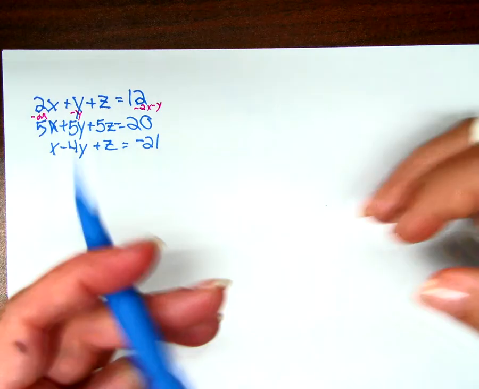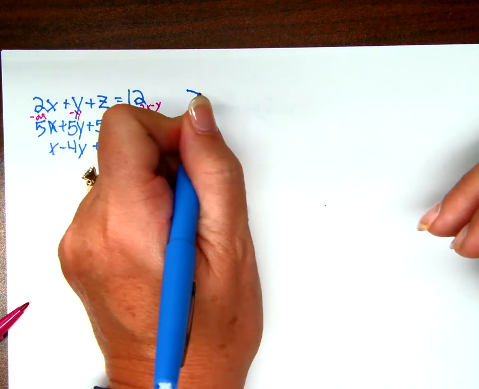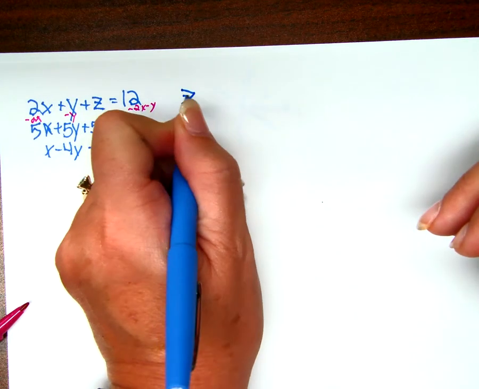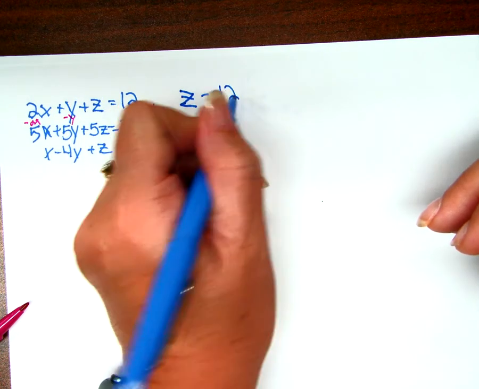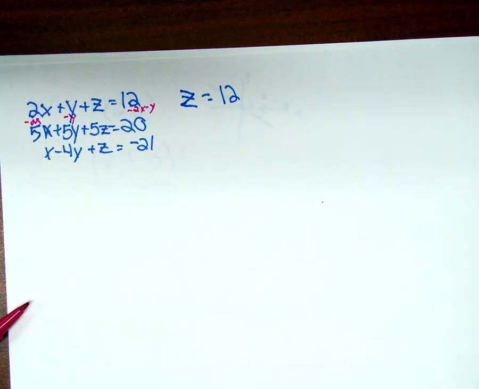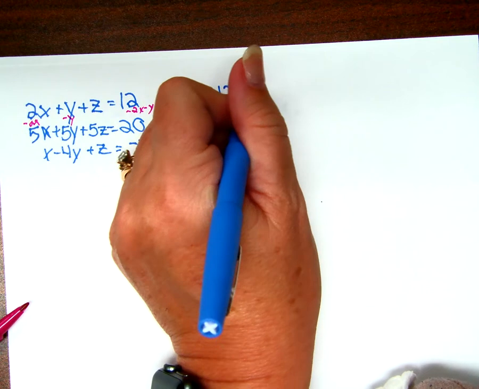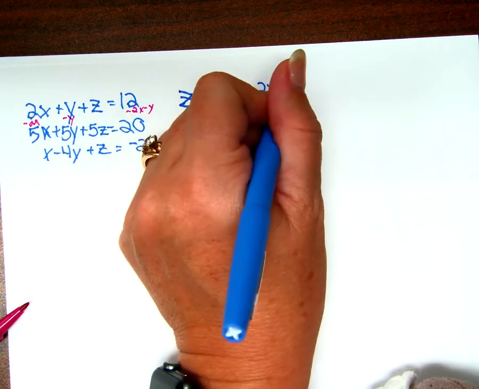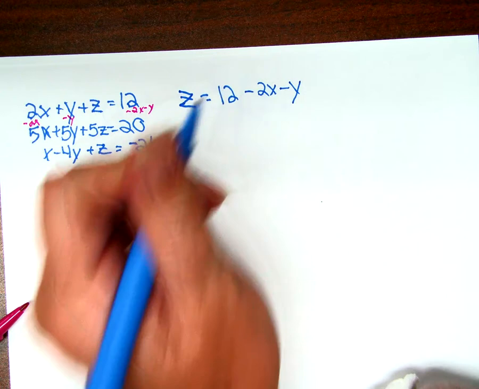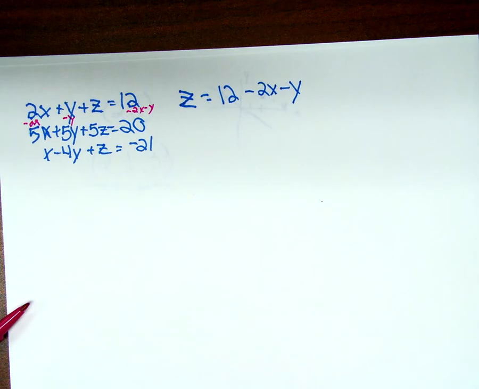So what I actually end up with is z equals 12 minus 2x minus y. Okay, so far?